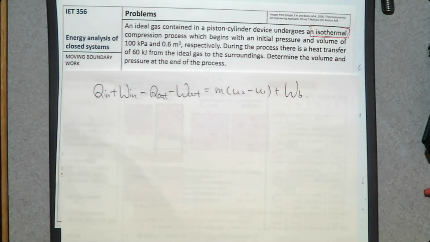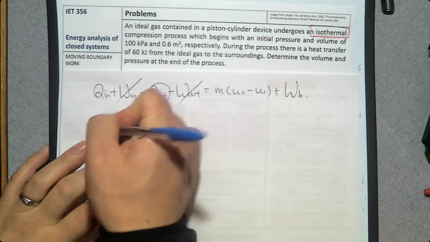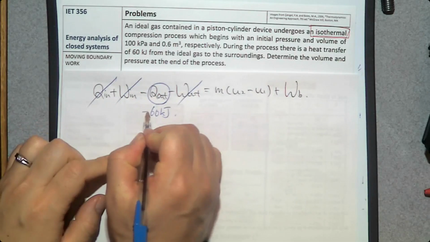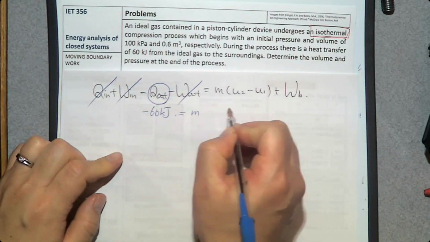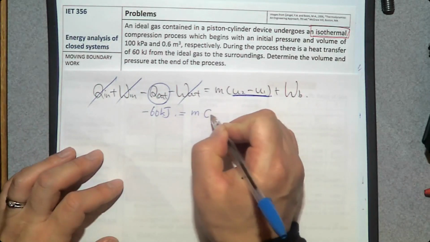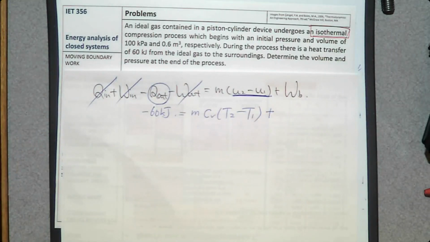We know there's a Q out of 60 kilojoule. So this one is 60 kilojoule. There's no W out, W in, Q in. So there's a negative sign in front. Minus 60 kilojoule is mass times U2 minus U1. How do you determine U2 minus U1? This time we know we are going to use specific heat: Cv times T2 minus T1, plus the moving boundary work.